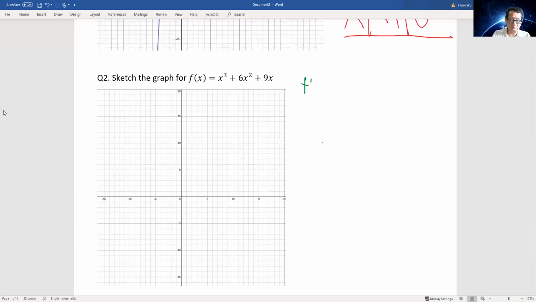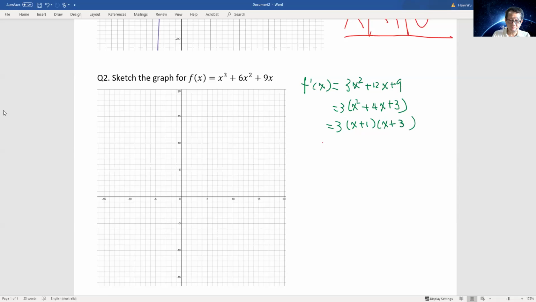When you do stationary points, we now need to differentiate. So the first derivative will be 3x squared plus 12x plus 9. So let's factorize that into 2 brackets.